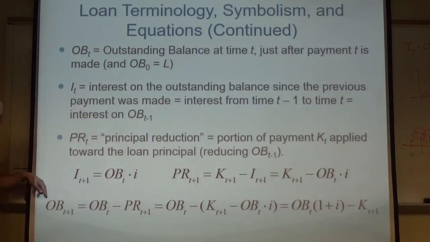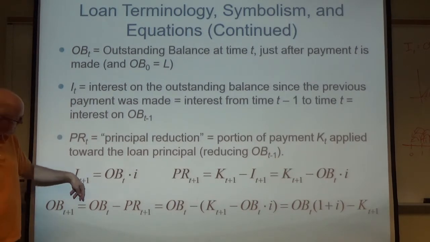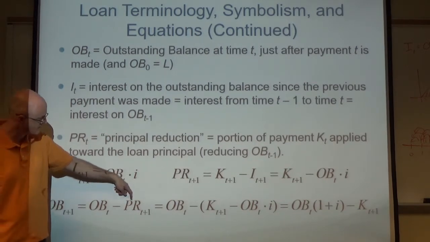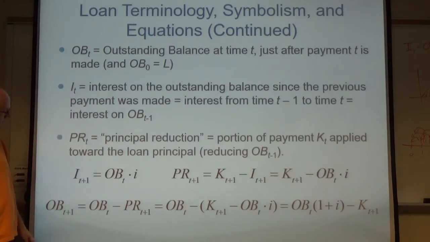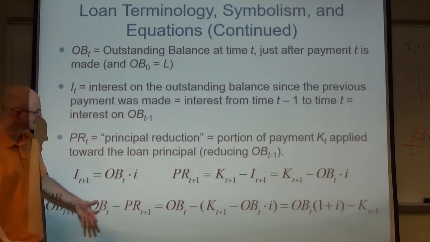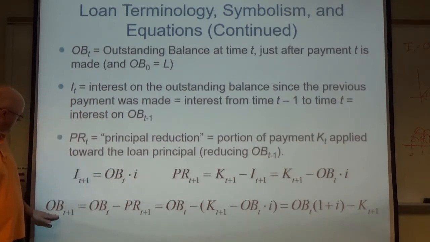Come back over here, OBt plus 1, the balance at time t plus 1, is the preceding balance minus how much the principal gets reduced, and if you're subtracting a positive number there, typically this will be smaller than this. If the principal really is not reduced and this is a negative number, then OBt plus 1 would be bigger than OBt. That happens sometimes, but it's not typical.